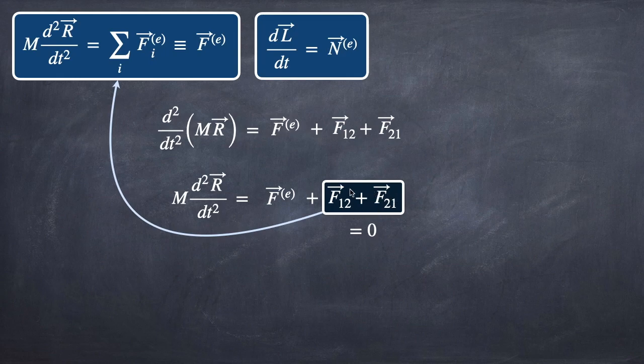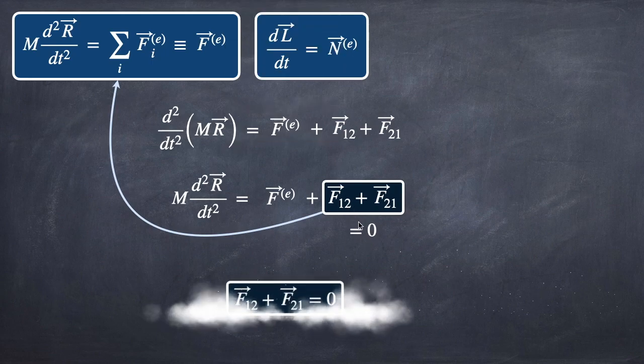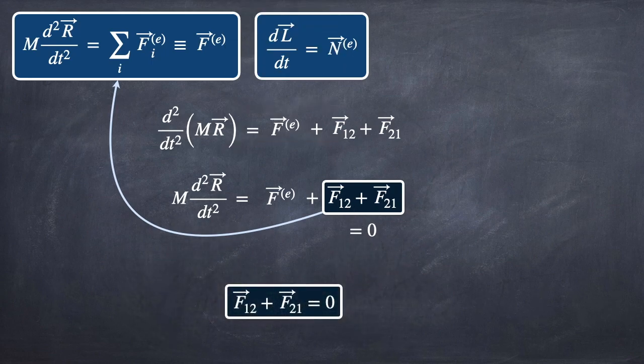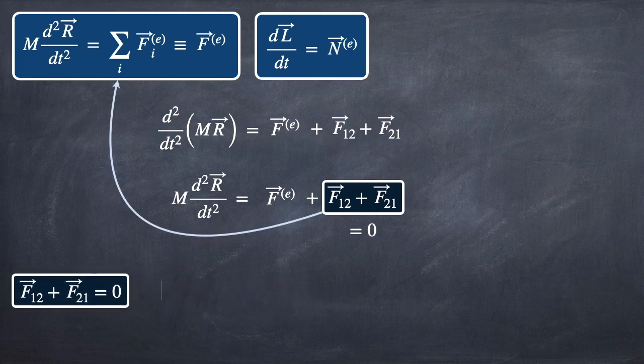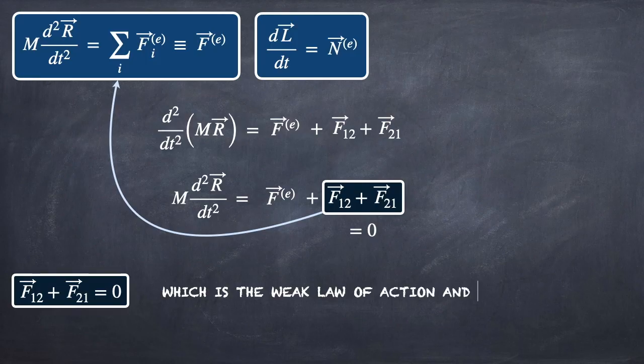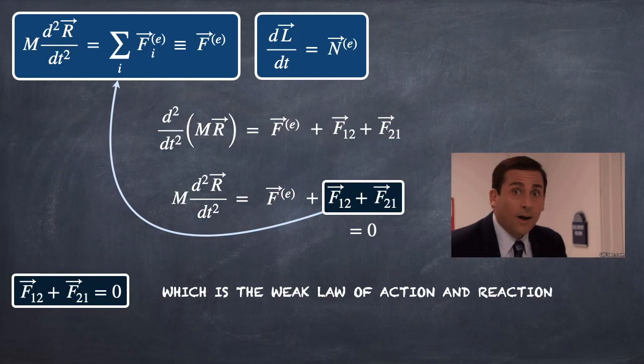And then this pair of internal forces added is equal to 0. Or we can say that F_21 is the negative of F_12. And this is the weak law of action and reaction. This is exactly the weak law of action and reaction.